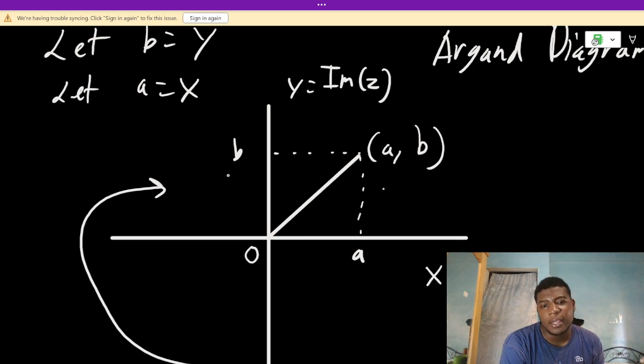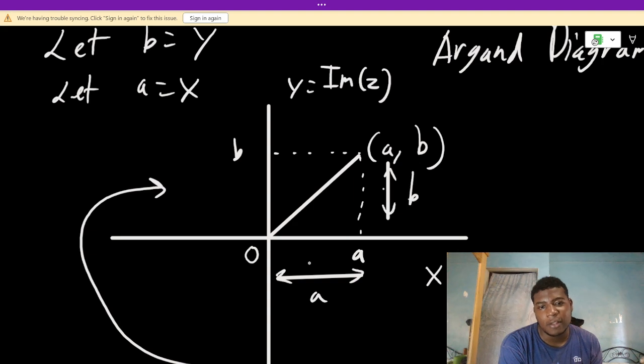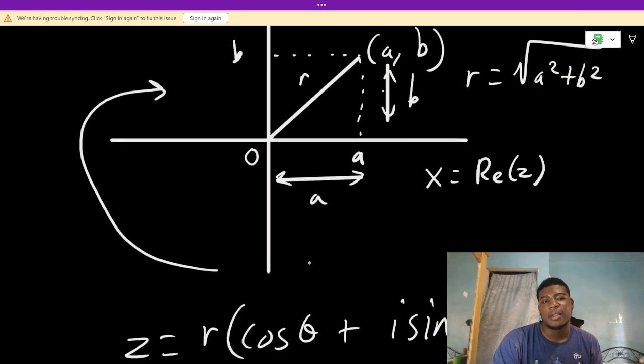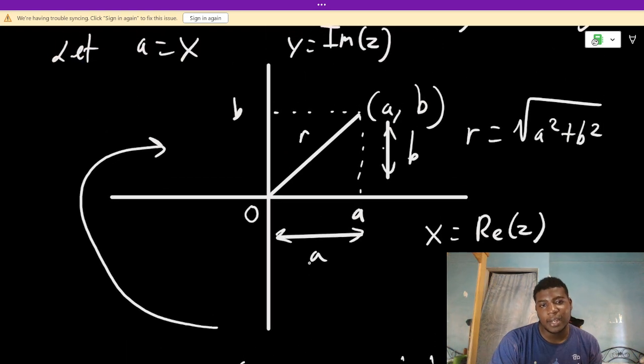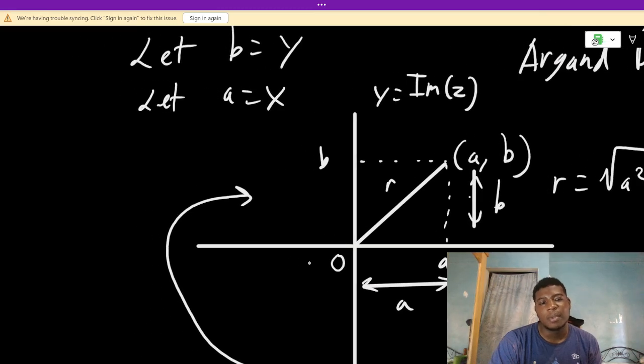If this distance here we know is a, and this distance we know is b, and let's call this r, then r is equal to the square root of a squared plus b squared, which is the form of the modulus. The length from the origin to the point a, b is what we call the modulus.